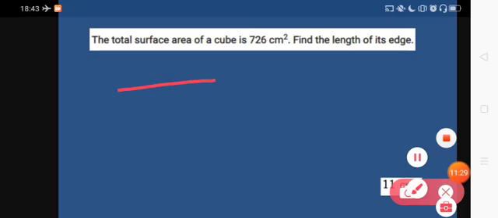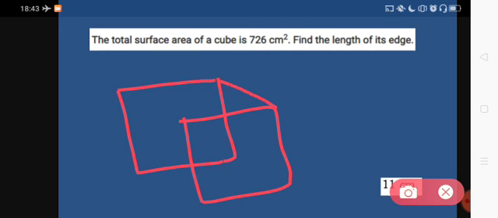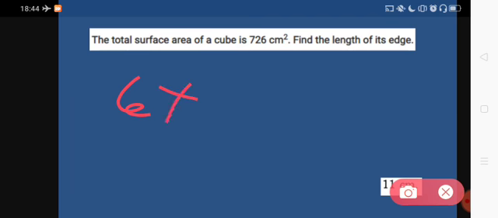We will make a square, then again make a square, and on that we will meet the corners up, then we see the cube. Then what is the area of the cube? Surface area is 6 into side square.